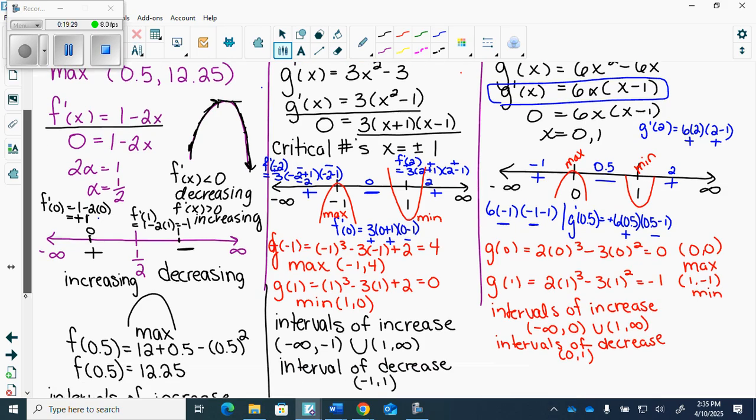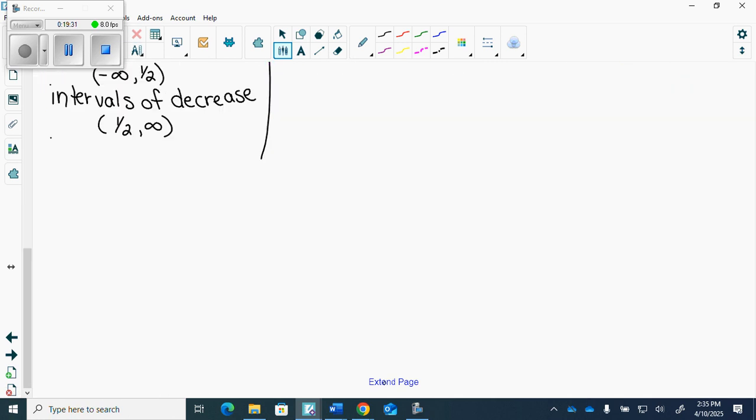All right. Here's one more, and then we're moving on to non-polynomials. G of x equals 2x cubed minus 9x squared minus 60x plus 82.